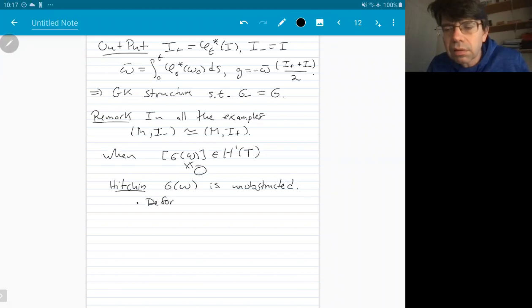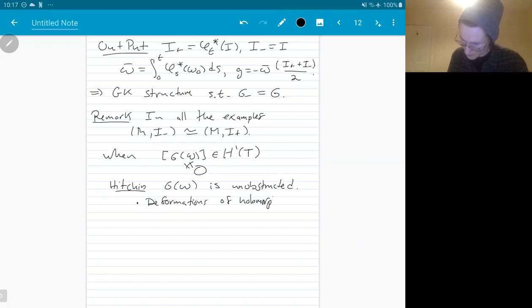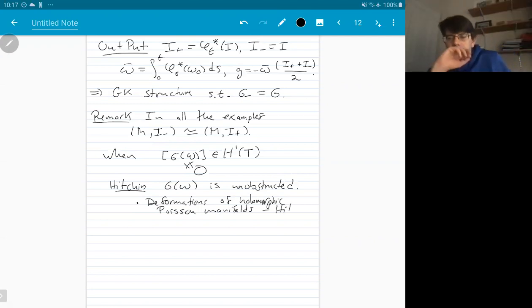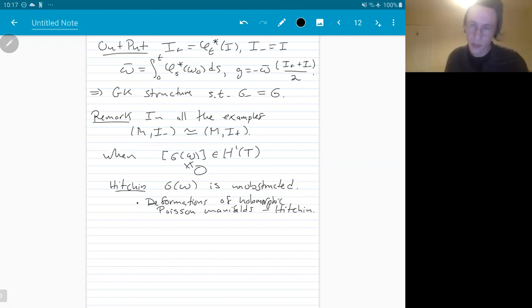It's a paper, Deformations of Holomorphic Poisson Manifolds, where he shows that under some assumptions on some cohomology groups, this direction is unobstructed, so you can deform the complex structure. And then Marco showed in a paper that you can lift this. The deformation of the complex structure can be lifted to a deformation of the generalized Kähler structure.